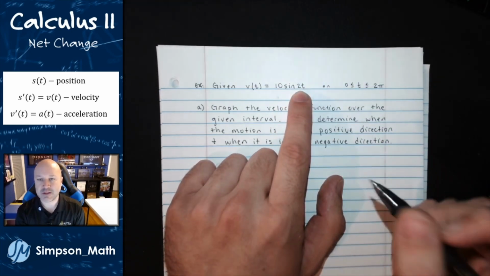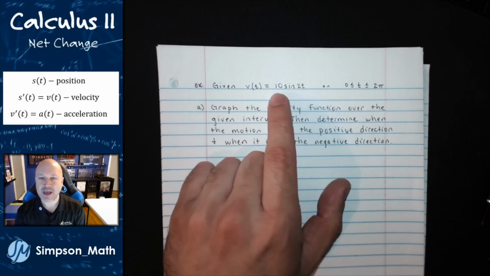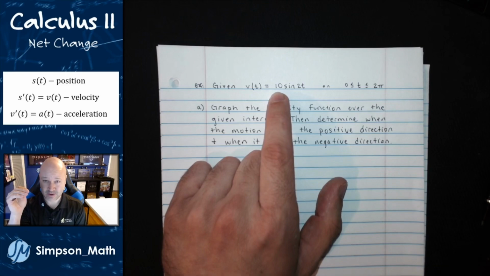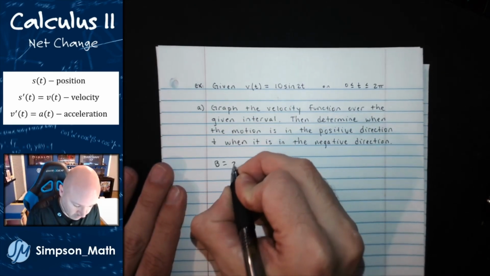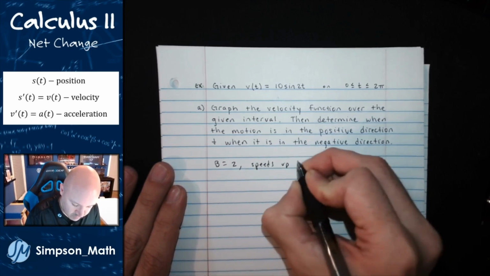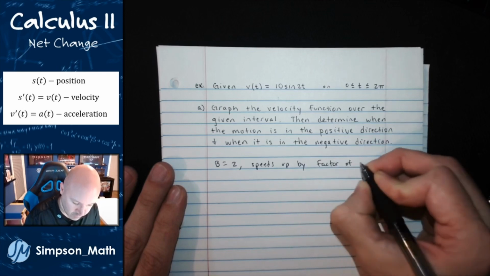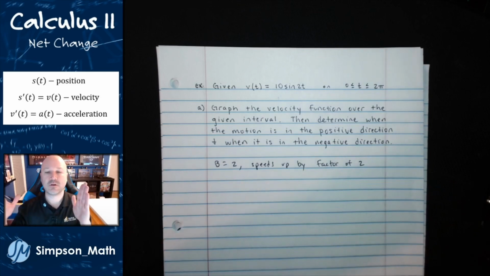The 2t means that the sine wave is going twice as fast, so all of those x values, I maybe multiply by half. And then the 10 just changes the amplitude. Instead of going to a maximum of 1, I'll go to a max of 10. I'd call that a horizontal compression.